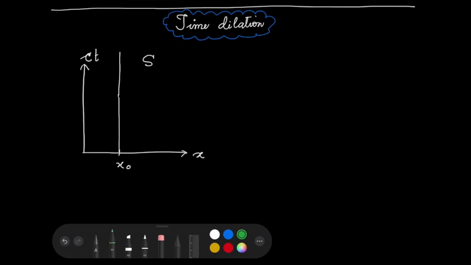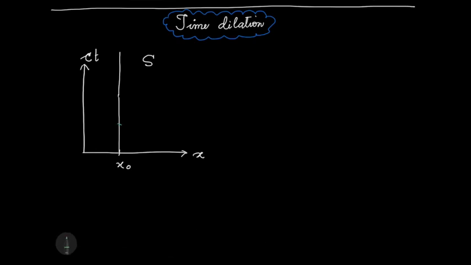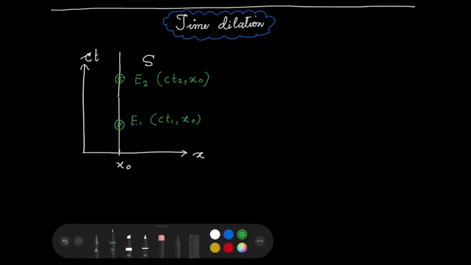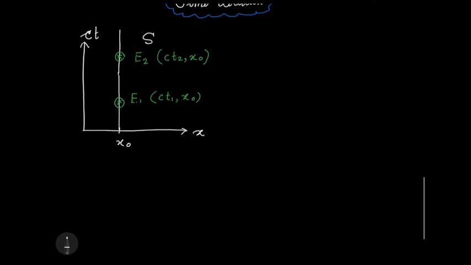Now let us say two events happen at his position. One here, let's call this event 1, happening at a time t1, and the position is x0, of course. And this is another event, which I call e2. It's happening at a different time, as you can see in the diagram, but the same position.